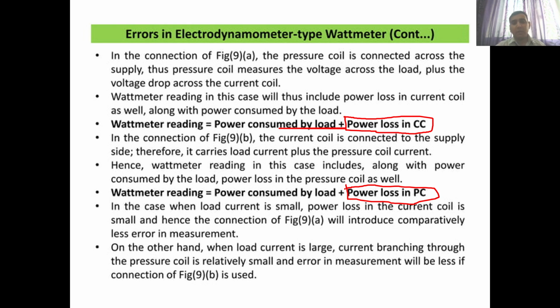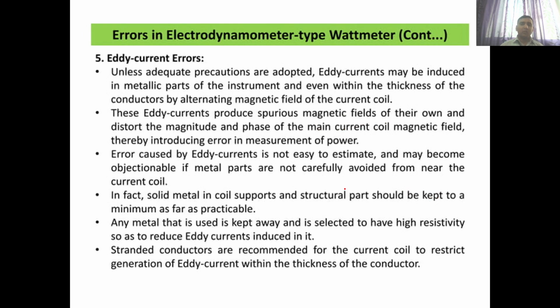How can it occur? We suggested that when the pressure coil is connected to the supply, it carries some load current plus the current coil current. So how should we reduce these losses?